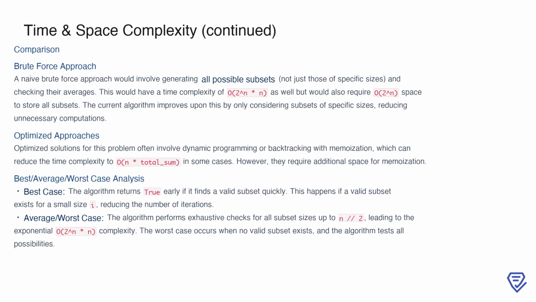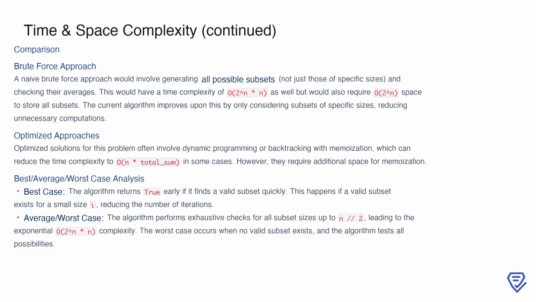When we compare this algorithm to a brute force approach, we can see clear improvements. A naive brute force method would involve generating all possible subsets of the input array and checking their averages. This would result in the same time complexity of 2 to the power of n * n, but would also require 2 to the power of n space to store all subsets in memory.